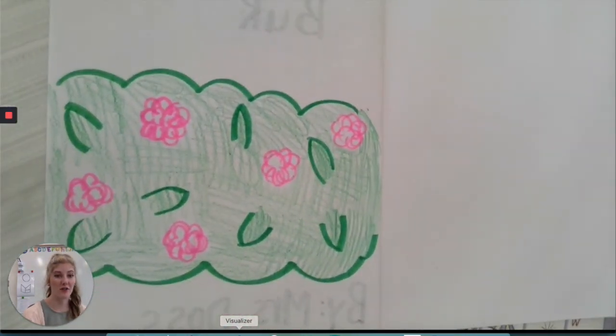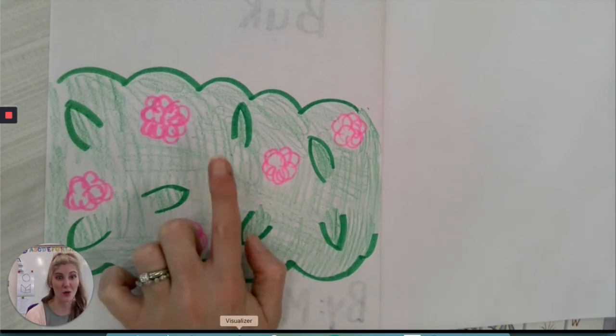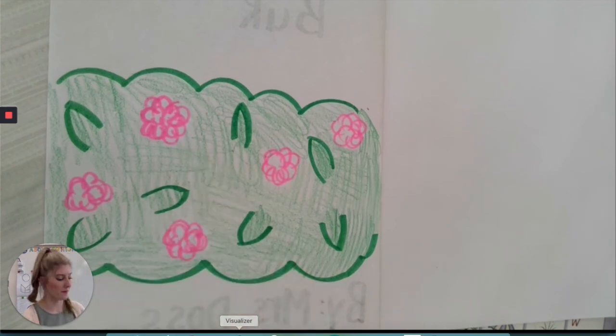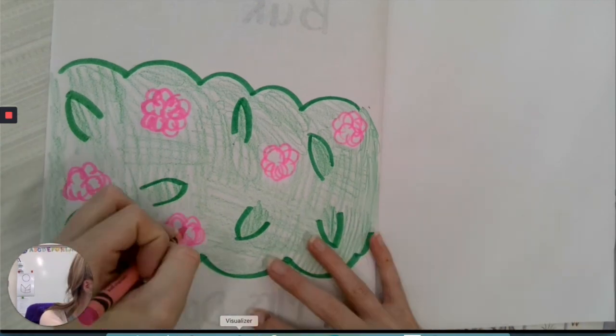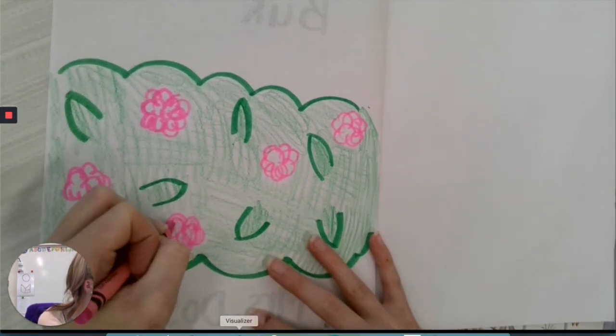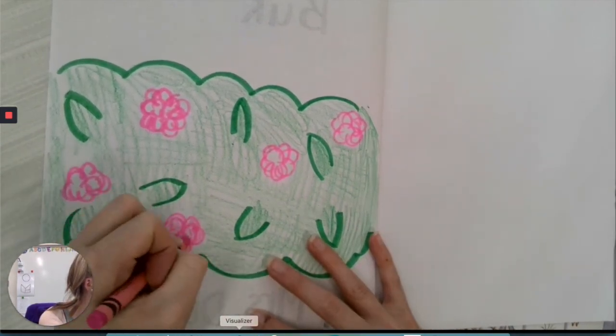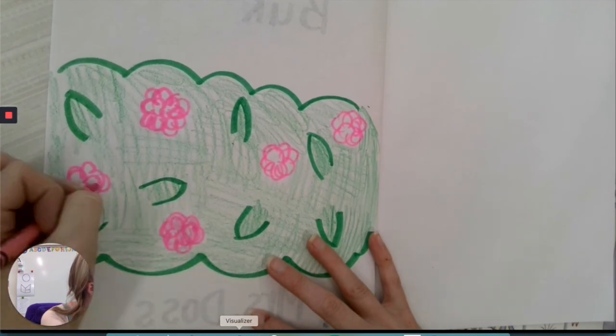I worked to color in as much as I possibly could with my green crayon. I'm seeing some spots in here where I could go back and add even more. But I'm going to grab my pink crayon and color in the petals of my flower so that they stand out even more.